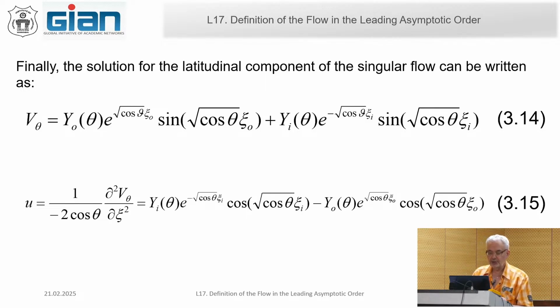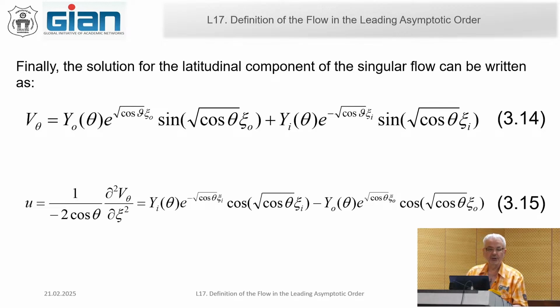So to obtain the equation determining the singular velocity from 8, it is sufficient to consider the angular components of the vector equation from 7 and 1, taking into account the geostrophic equations 2.8 and 2.14, and the fact that the angular part of the singular pressure gradient is negligible. As a result, we obtain this.